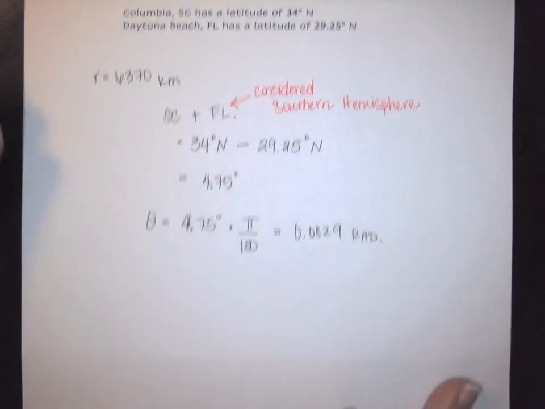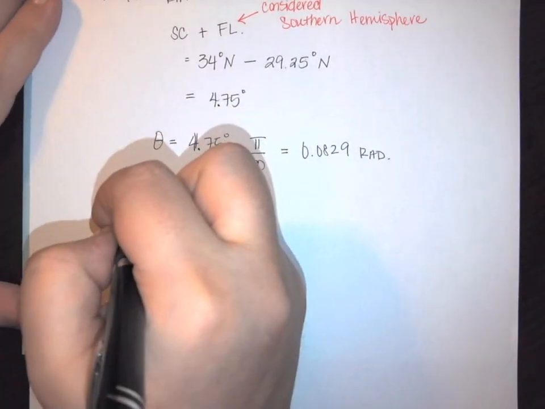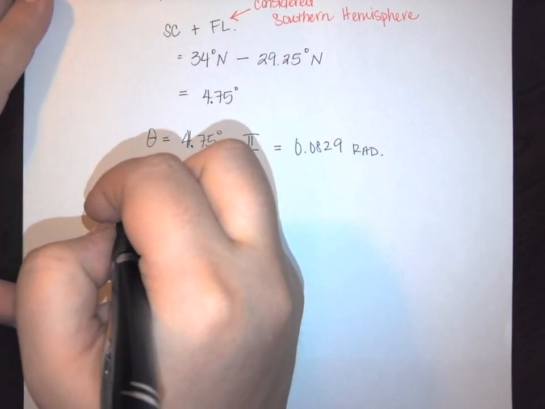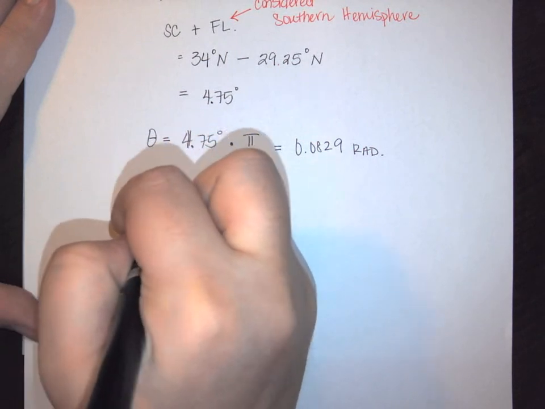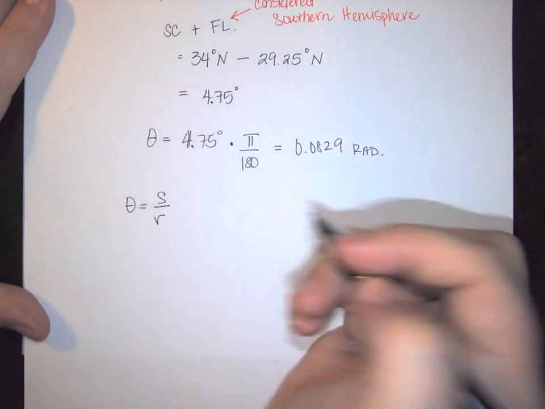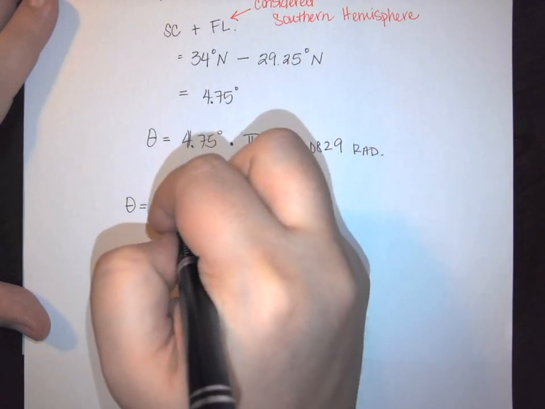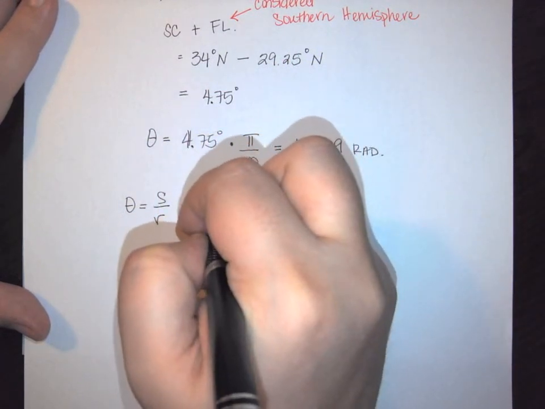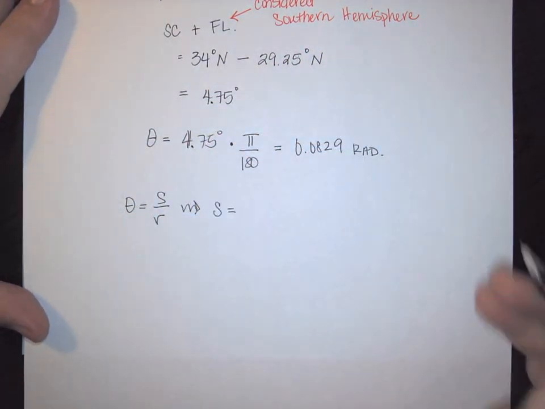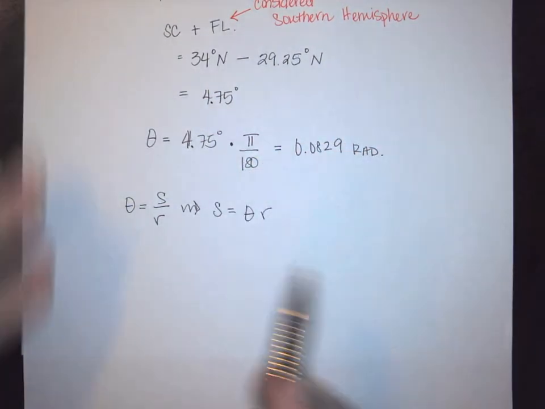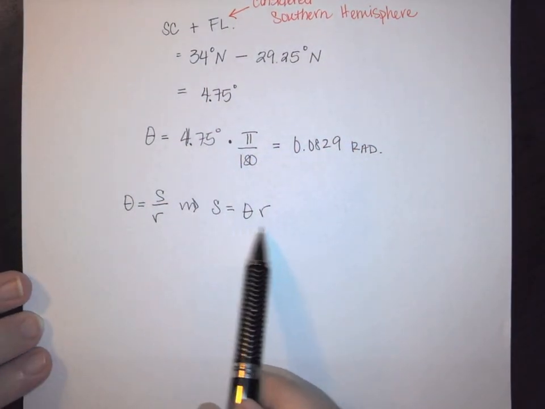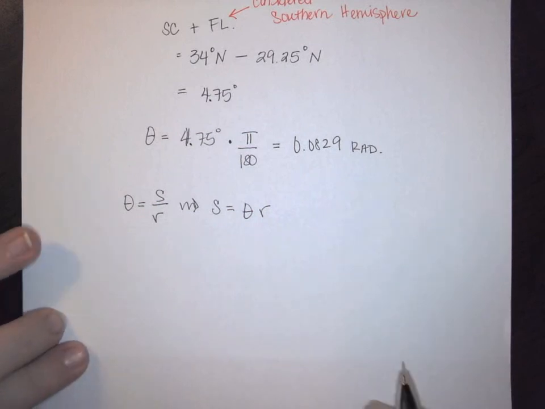Okay. Now the last thing is we have to go ahead and answer our question. So we use our formula that our angle equals S over R. And in this case, we are trying to solve for the arc length. So we're going to rearrange it so that my arc length is equal to my radius times my angle.